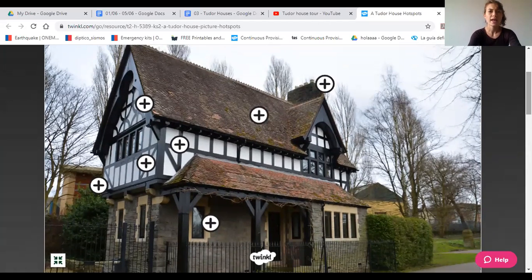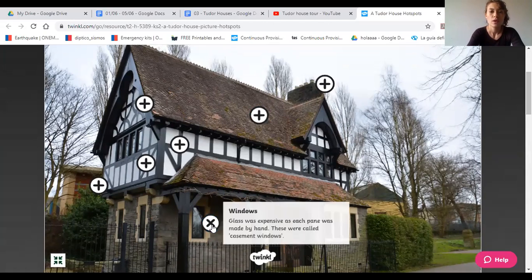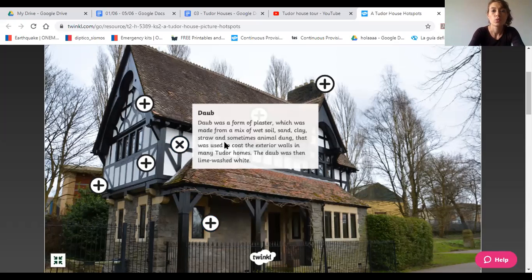So let's check here. The first one is this one. It's the roof. The roof, like this. The second one is this one, which was the windows made with glass. So the glass was really expensive, so they used just tiny pieces of glass. This one is the daub. When there were some gaps between the wooden frame, they used to fill them with the daub.